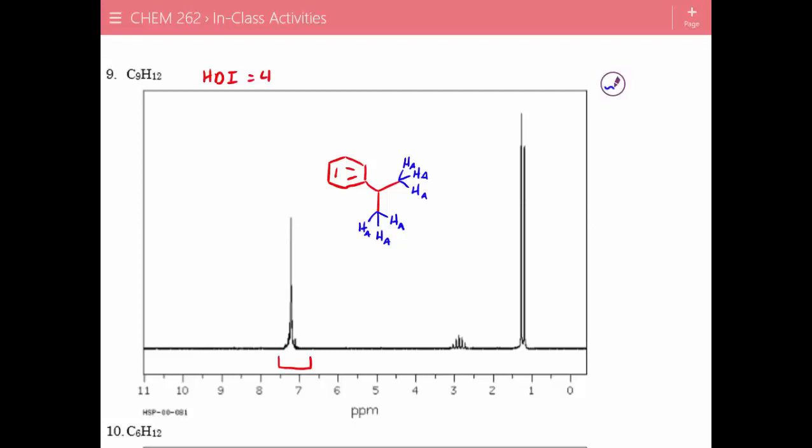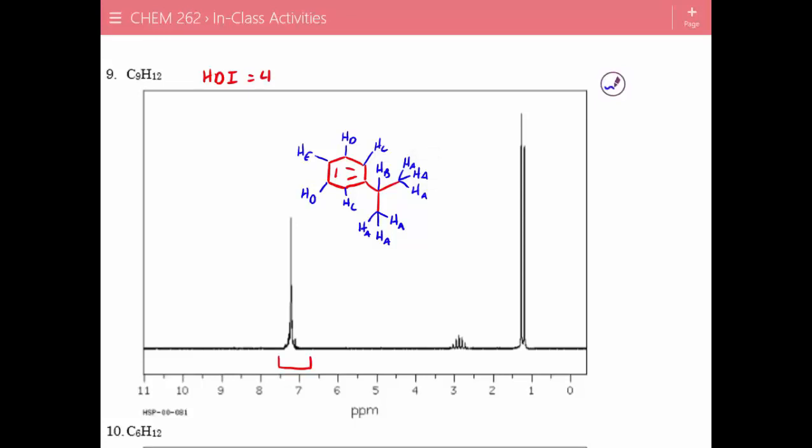There's an equal probability of them being in the same space. One thing people forget is that we have an additional proton here. So we'll call this HB. And then let's go through and label these. I'll label this HC and HD and HE. If you look at this proton down here, it's the same as HC. This one's the same as HD.